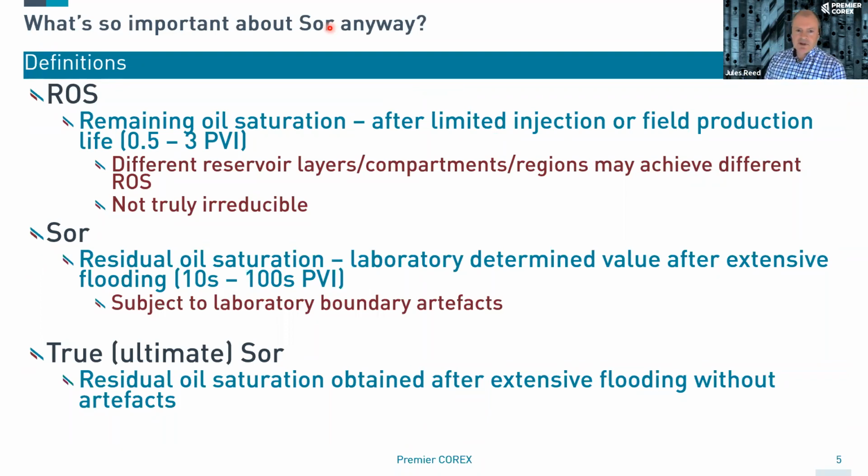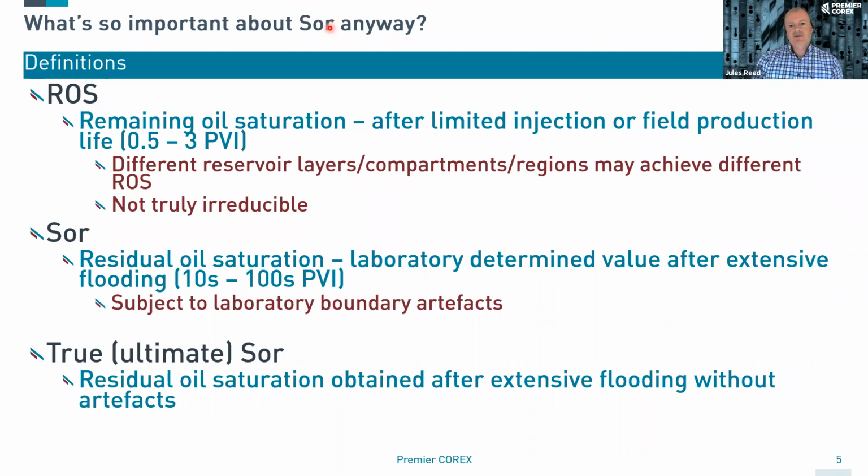So looking at this, what's so important? Well, I think first we need to give some definitions of what I'm talking about when I talk about residual oil saturation and true residual oil saturation. So remaining oil saturation is what I would term as a saturation after a limited amount of injection.